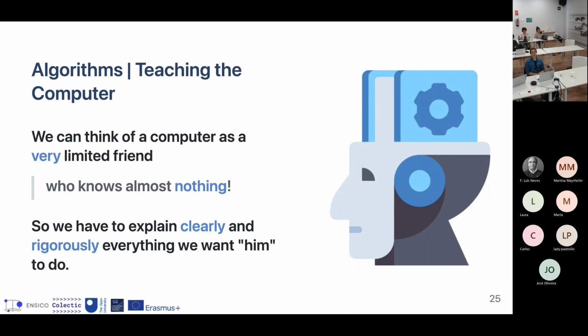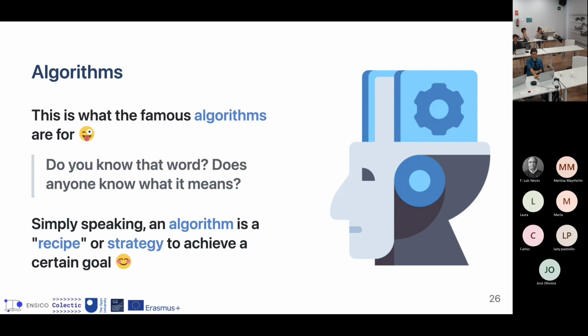We can think of a computer as a very limited friend who knows almost nothing. We need to explain clearly and rigorously everything we want him to do, because if we miss something or forget a comma or a bracket, he won't understand. We also need to structure our train of thought very well, in order for everything to work correctly.